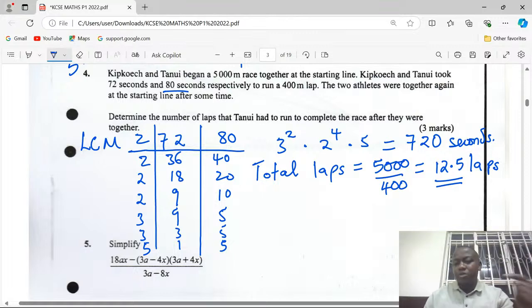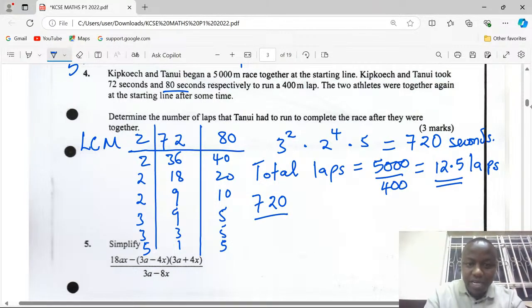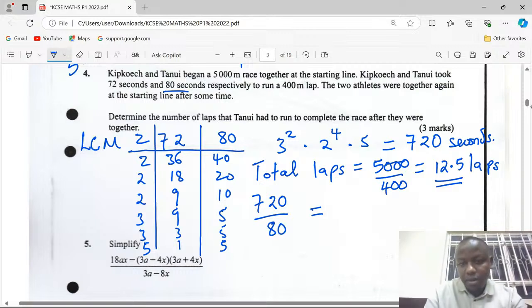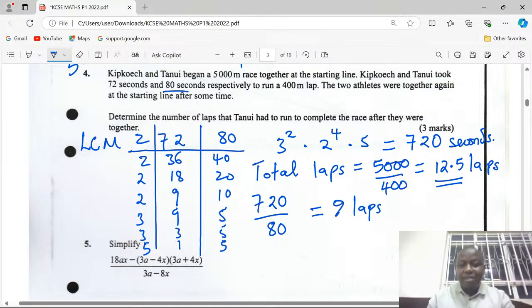Within 720, Tanui, who is taking 80 seconds to cover a lap, has already covered 9 laps.